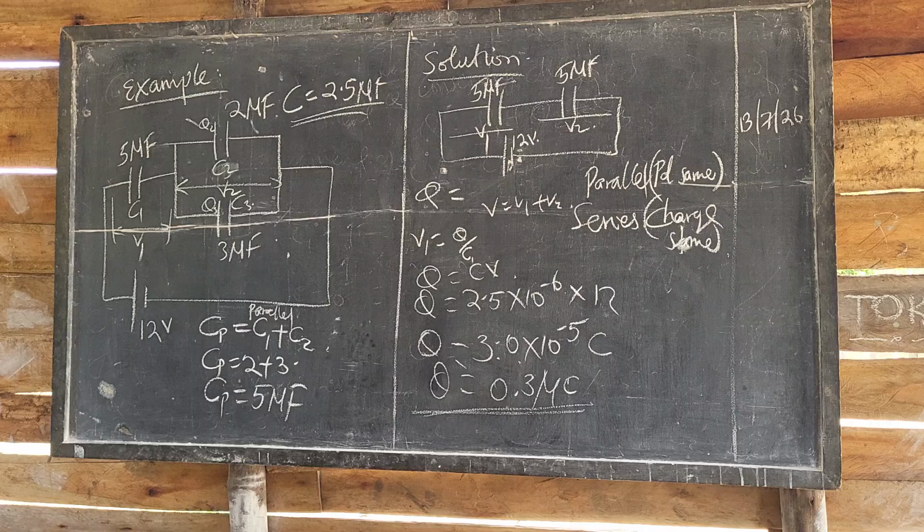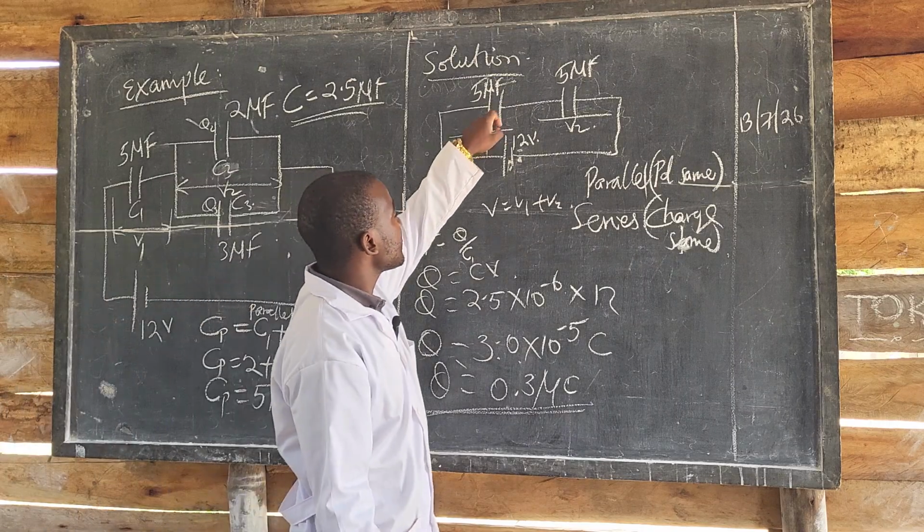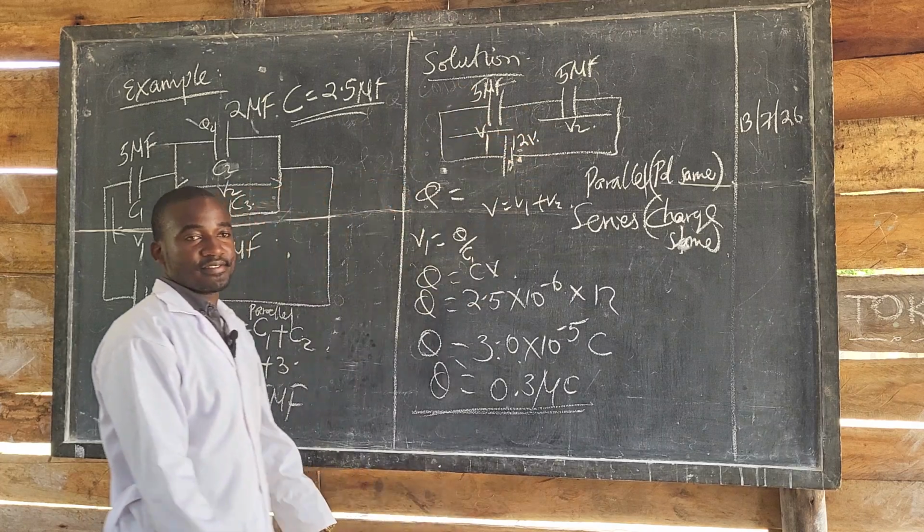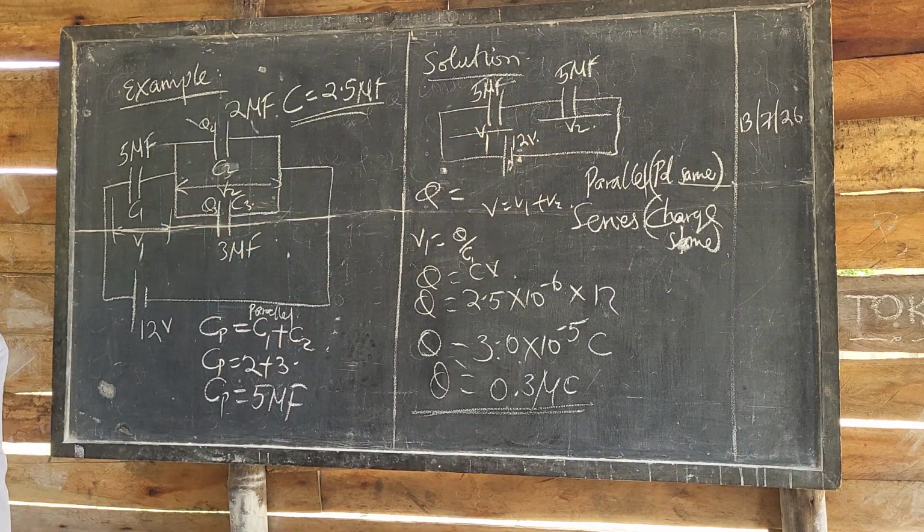Am I clear? We may find it difficult to find the charge on each unless we have at least one charge of the other. Then we can use it to find the other one. Are we together?